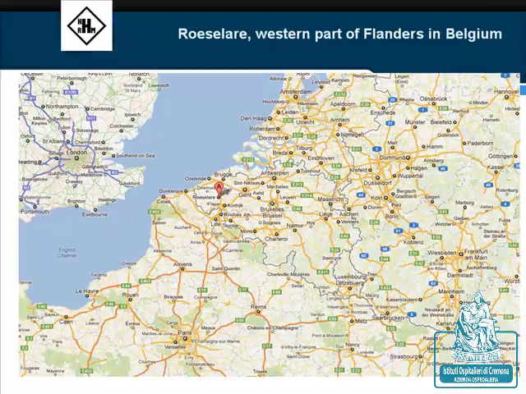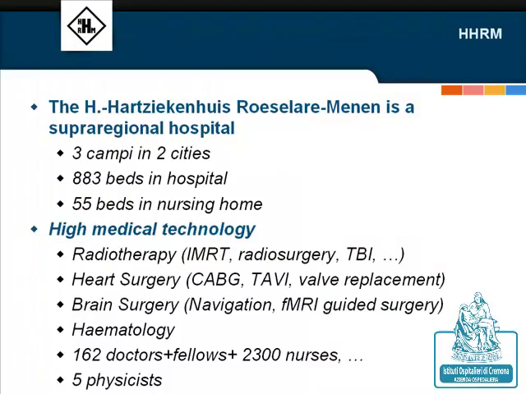First of all, I'm not working in Ghent. I used to be there, but now I'm working in Roeselare. Belgium is a really small country, so you see London and Paris and Amsterdam and Brussels, and between Bruges and Ghent, there you find a hospital in Roeselare.